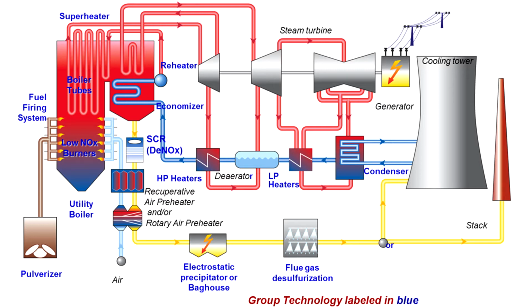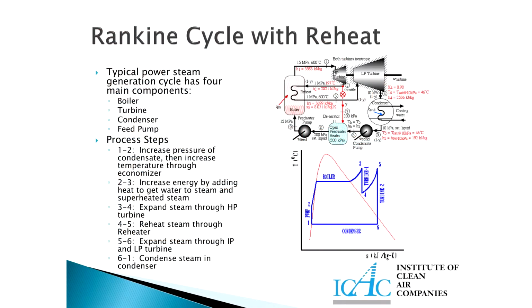I'm going to skip this because I want to show you a typical power plant cycle. A power plant has 4 major components.